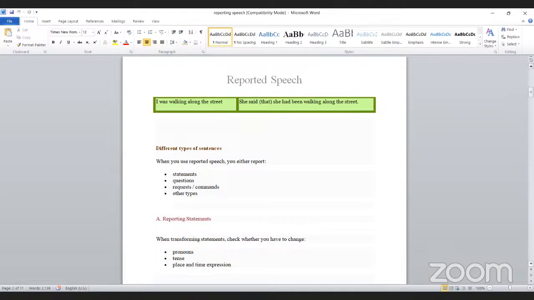And when we are reporting a statement, we need to think about the pronouns and the tenses, and place and time. These factors are very crucial when we are writing a reported speech sentence, because we are reporting something.